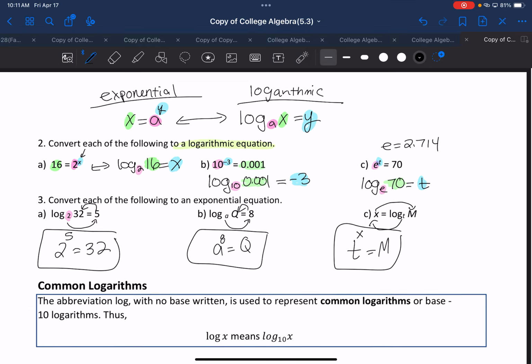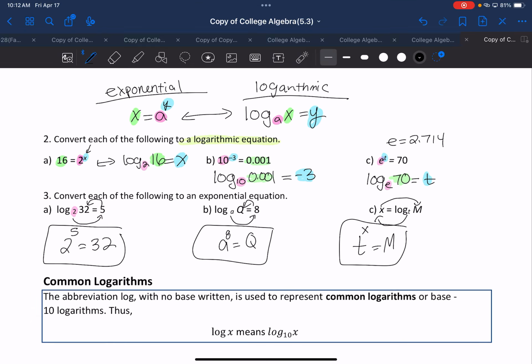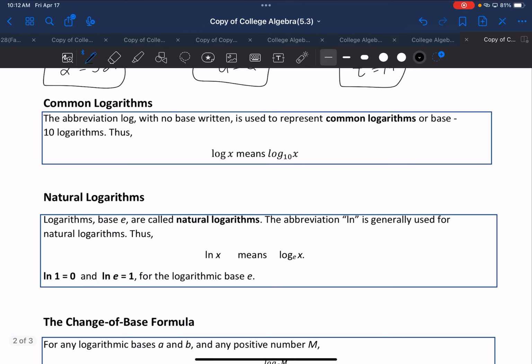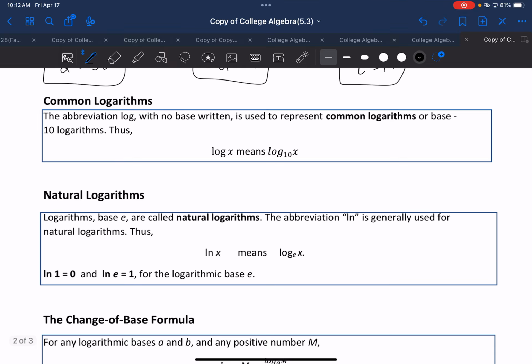All right. Good so far? Okay, the next two boxes are really frequently used, because the first one is called common logarithms.